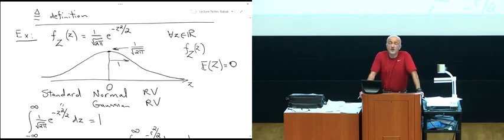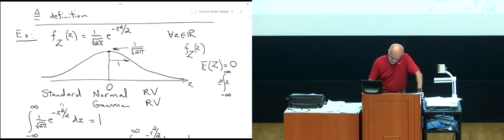You don't have to do any work for this, huh? Well, other than actually writing the integral from minus infinity to infinity of z times 1 over square root of 2 pi, e to the minus z squared over 2 dz.